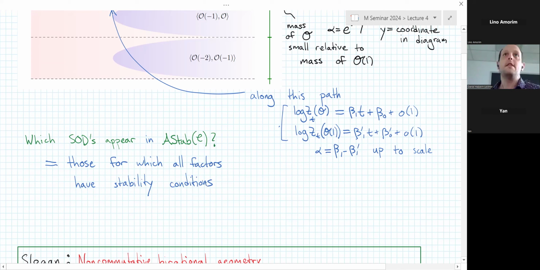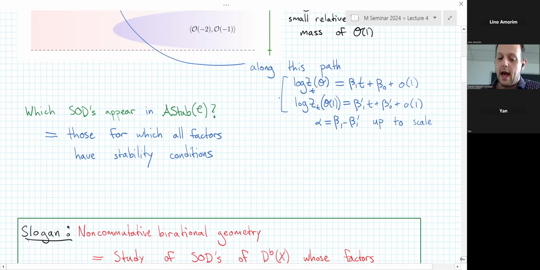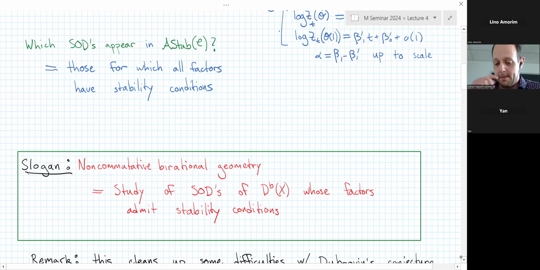So the idea here is that this partial compactification will allow you to probe different semiorthogonal decompositions, but by its nature, it restricts you to only the semiorthogonal factors that have stability conditions. Part of the slogan is that maybe that's actually a good thing, and I'll try to explain a little bit more why that's true. The idea is that maybe the natural semiorthogonal decompositions are ones that come from paths in the stability manifold that exist on the boundary of the stability manifold.